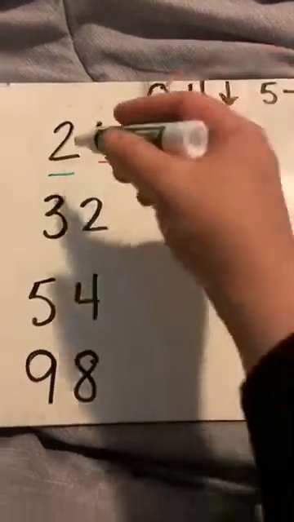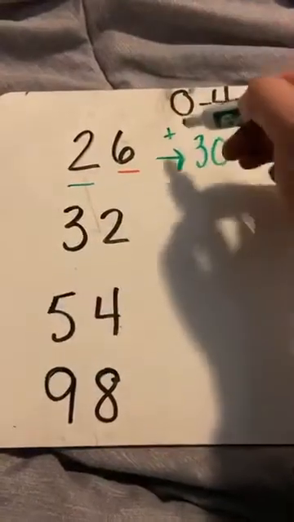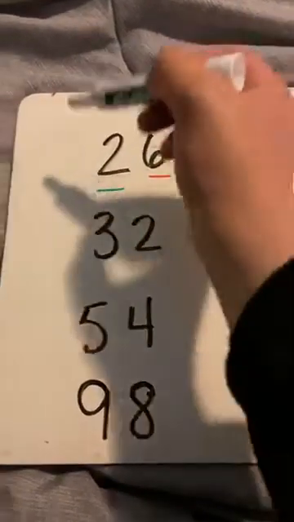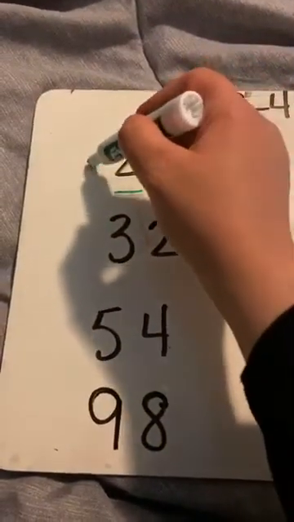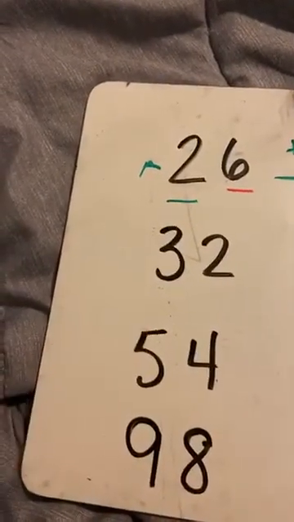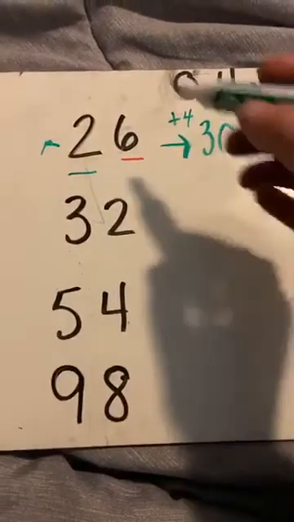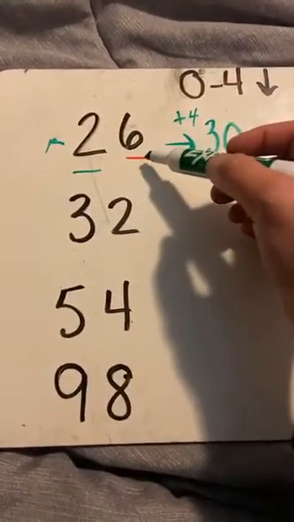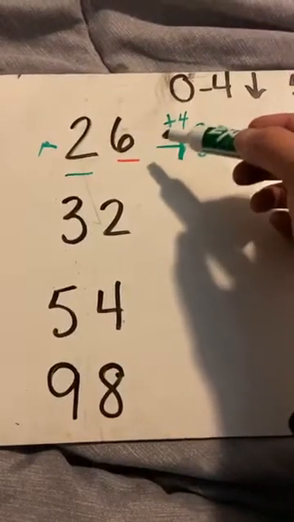Because if I went back down from 26, to 20, 25, 24, 23, 22, 21, 20. Ooh, that's 6 away. So I know that the closest one is 4. So I'm going to round up because this number is 5 or greater. So I'm going to go up.